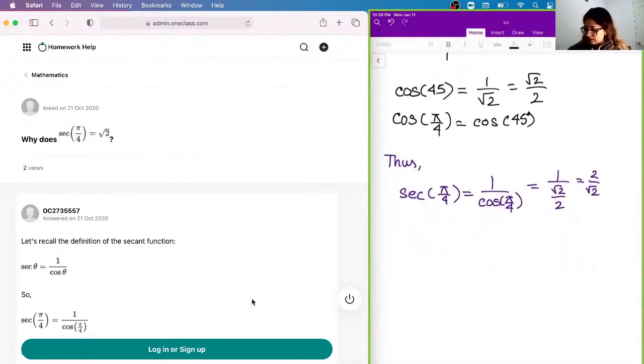And so the last step would be to rationalize.